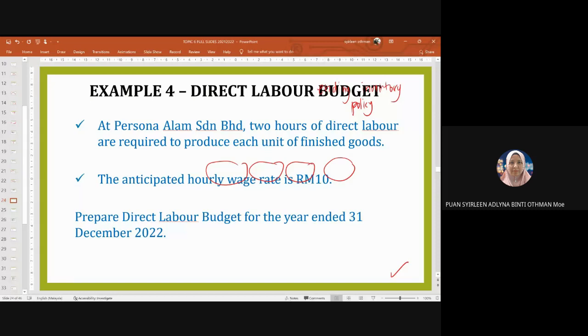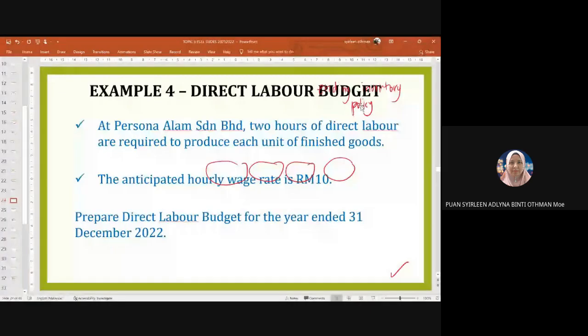Wait a moment, stop sharing for a moment. The slide is all messed up. Okay, we go back here. This is the annotation from the previous slide.